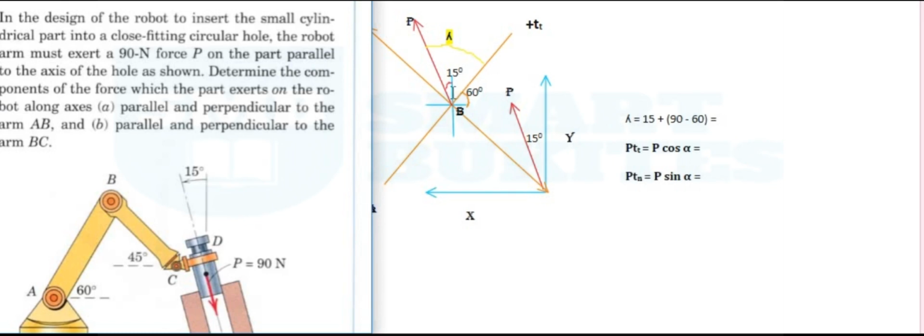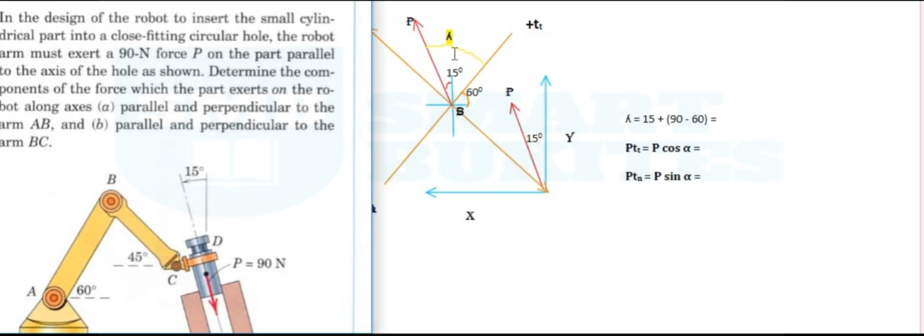Already we know that this axis is 90 degrees, that is the XY axis is 90 degrees, and we were given 60 degrees as the angle that AB makes with the horizontal, which is this. So to get this angle, we can simply say this whole 90 degrees minus 60 degrees, which will give us 30 degrees, right? Then we add it to the 15 degrees here, because this is our axis of interest.